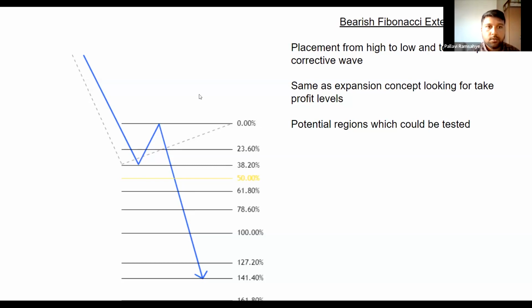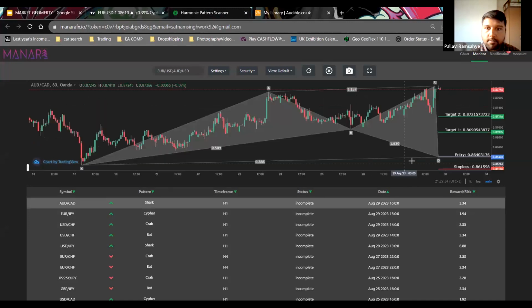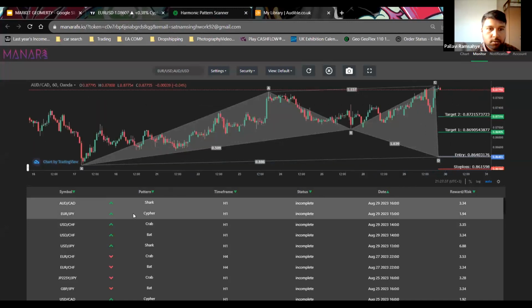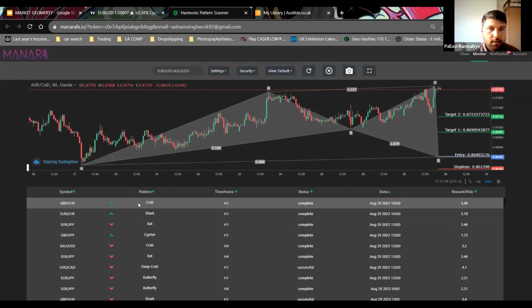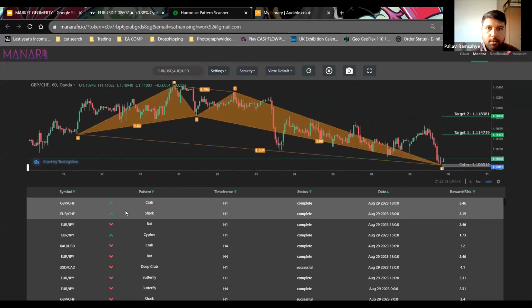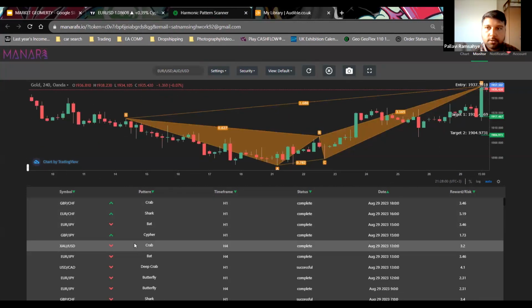So if I just exit this, we're going to go into the harmonic patterns. Let's choose a random pattern. Let's choose a complete pattern, just to make it easier to understand for everybody. Let's do a bearish crab.